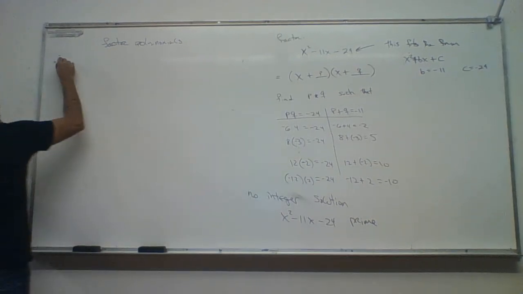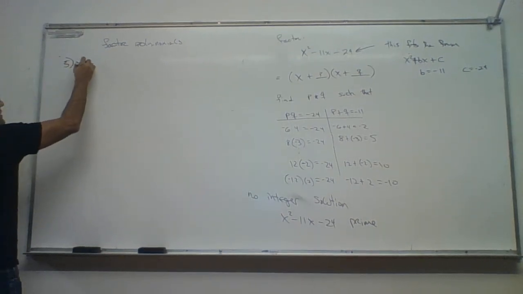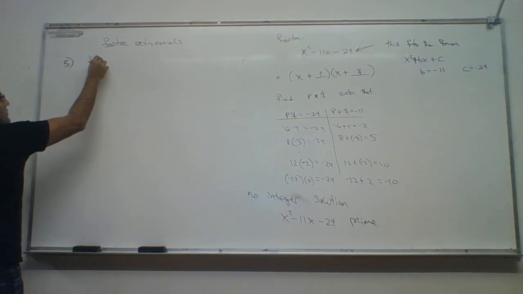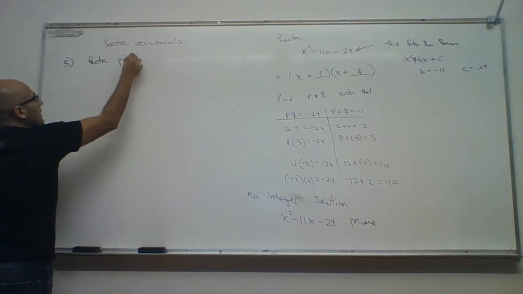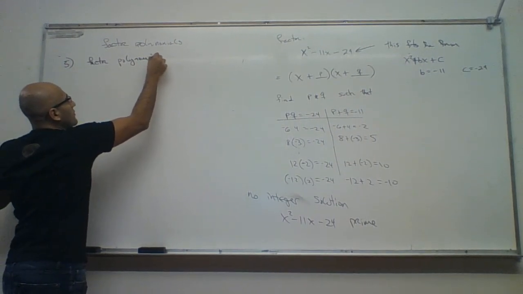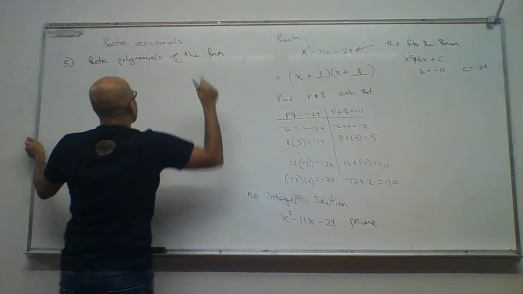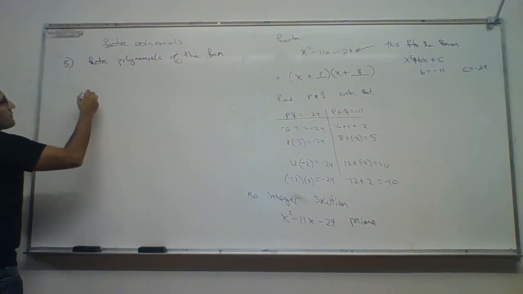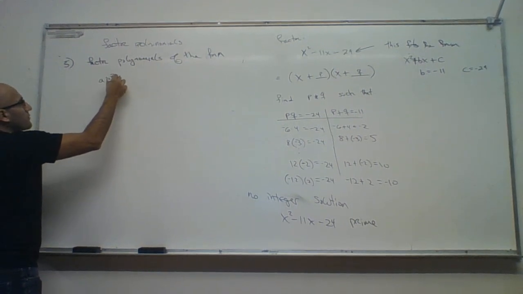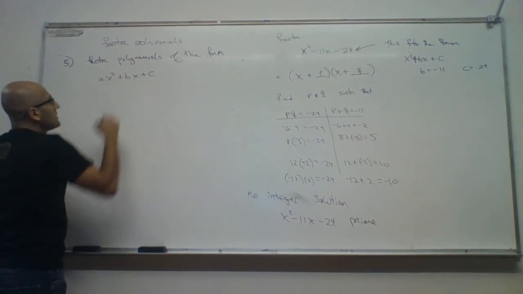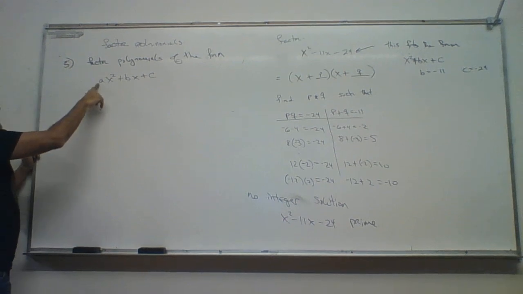So the fifth factoring technique we're going to study in this class is to factor polynomials of the form ax squared plus bx plus c. Okay, so this is where a is not 0.